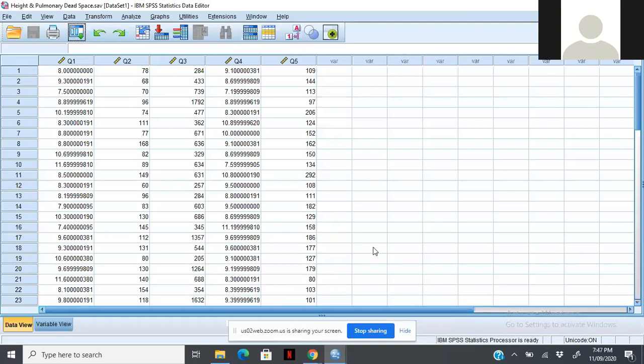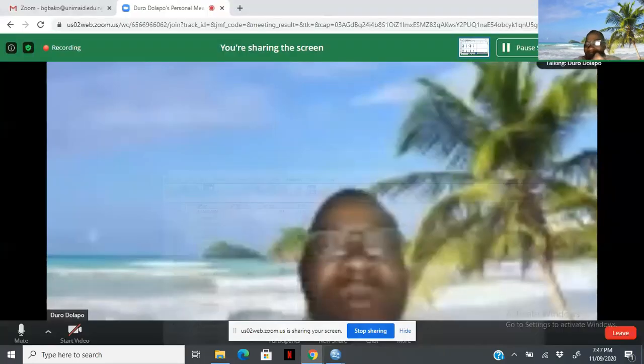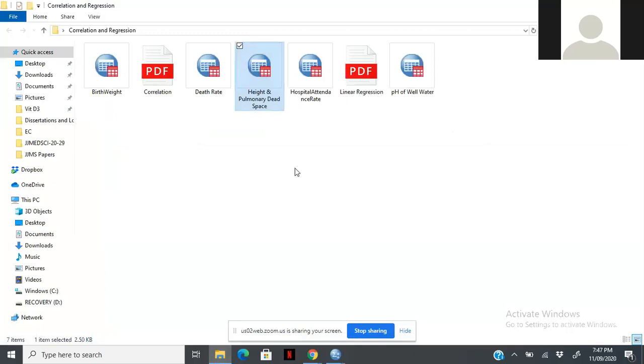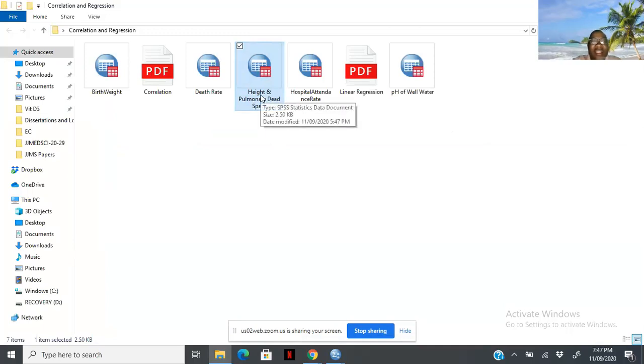Is it the same thing, sir? No. This one is another data set too. That one is for regression. Height and pulmonary. The one you shared is death rate. Click on that height now.